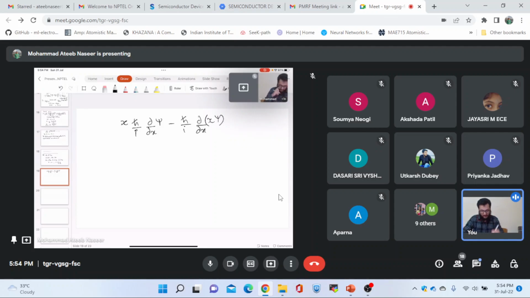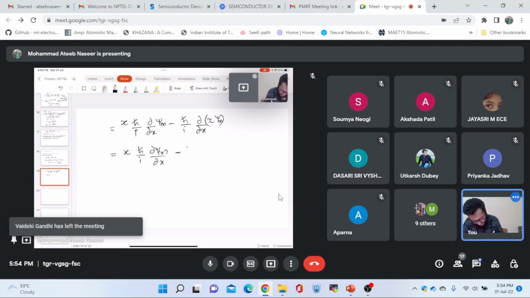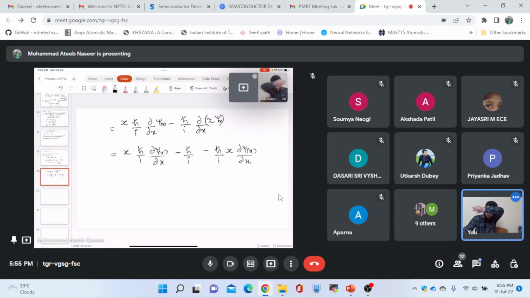Since this is a function of x, let's not get confused. So we will just use the product rule, and we will get h bar by iota d psi by dx minus h bar by iota, and since this is x, we will be getting x d psi by dx. This is simple, the product rule that we have used over here.